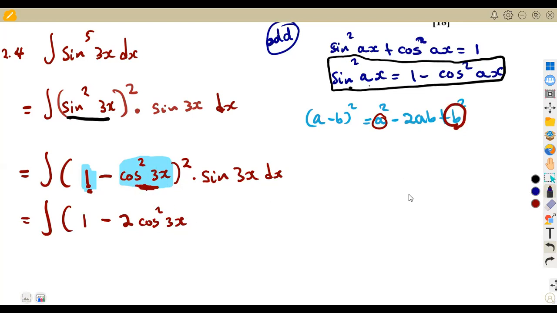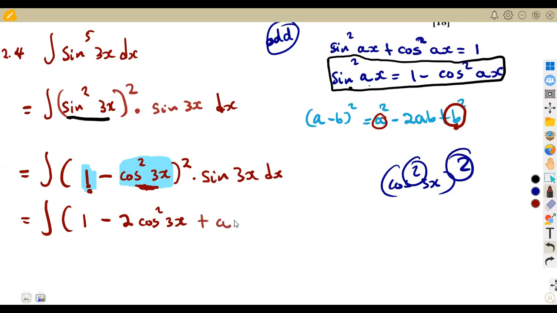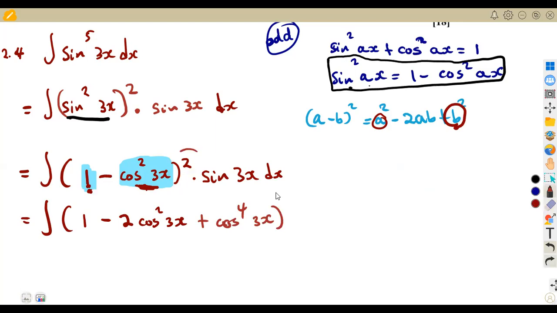If we square cos squared 3x, what do we obtain? 2 and 2 multiply, it's going to be a 4. So this is going to be plus cos to the exponent of 4 of 3x. So this was the expansion of this bracket squared. But outside of this bracket, there is a sine 3x dx. This is not being affected, so it's going to remain as it is, sine 3x dx.